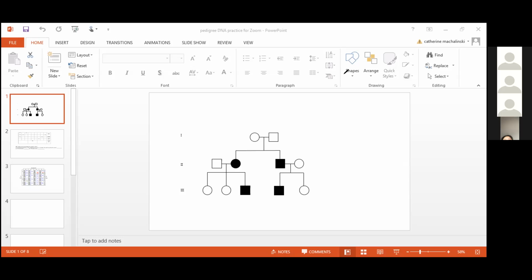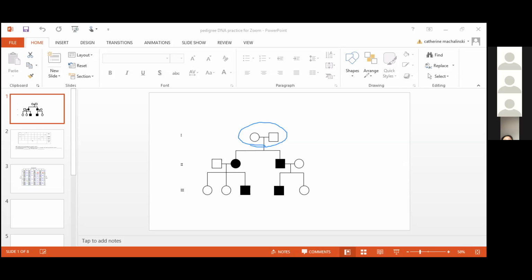So the first thing you need to do is figure out, how is this trait inherited? And there's basically 4 possibilities. It can either be autosomal and dominant, or autosomal and recessive, or it can be sex-linked and dominant, or it can be sex-linked and recessive. Now, right away, we can eliminate the dominant choices. And the reason why is, notice grandma and grandpa here do not have the trait.